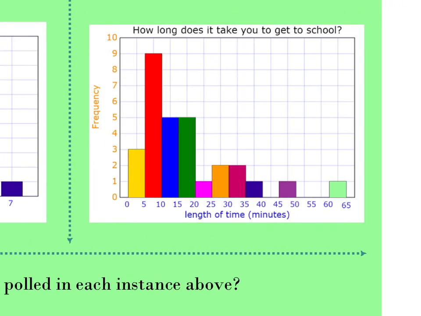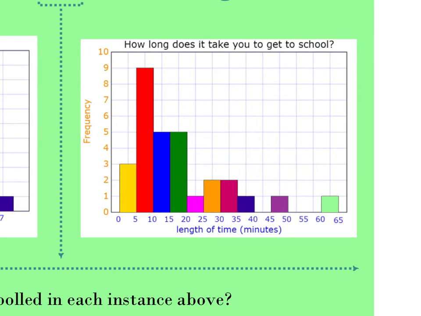Over here, we have a different scenario. Obviously, the length of time it takes to get to school, same kind of thing. We have 3 total people that fall into the 0 to 5 minute category. We have 9 people that fit into the 5 to 10 minute category, and so on. So remember, I talked about how it's kind of like a bin here.